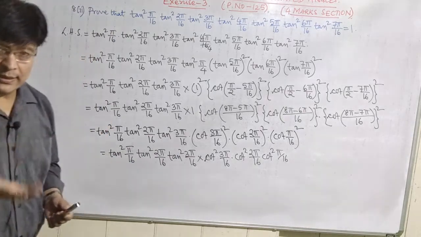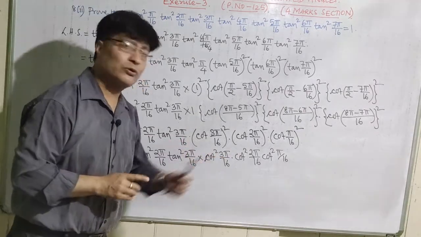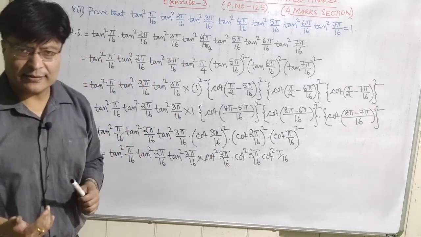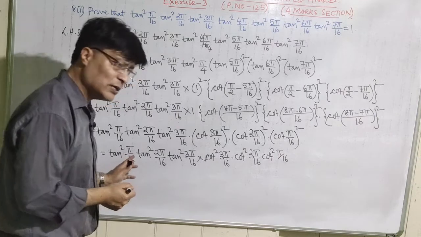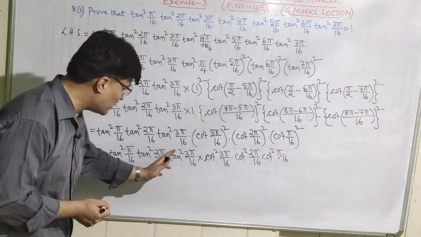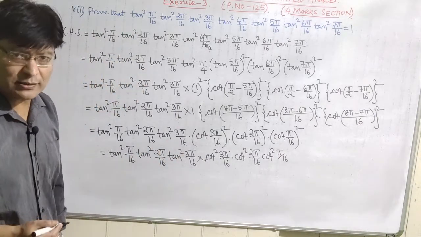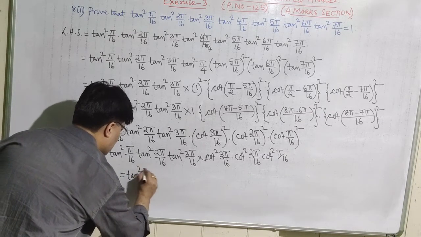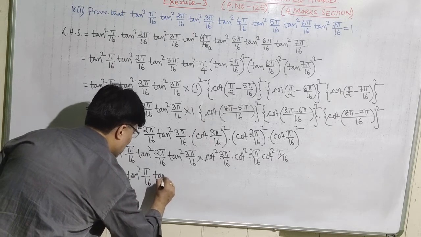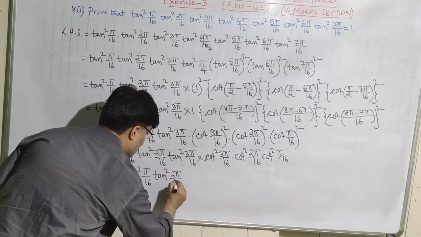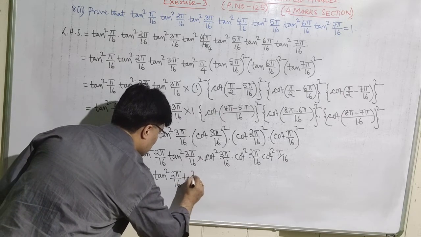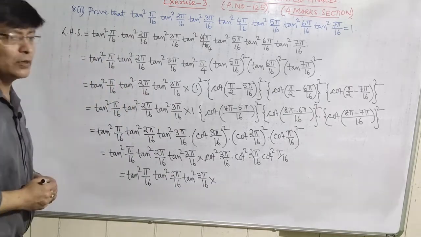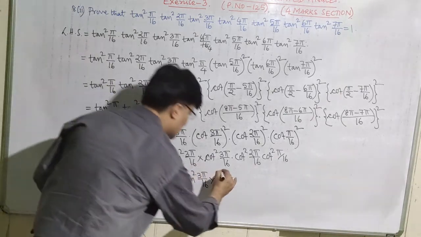The last three tan, what did we change them into? We changed them into cot. So what is cot square now? It is 1 by tan, isn't it? So that we can simplify it with this tan square pi by 16, tan square 2 pi by 16 and tan square 3 pi by 16 and so on, right? So is equal to, let us keep it as it is, tan square pi by 16, tan square 2 pi by 16, this is tan square 3 pi by 16 into, so what is cot square 3 pi by 16?